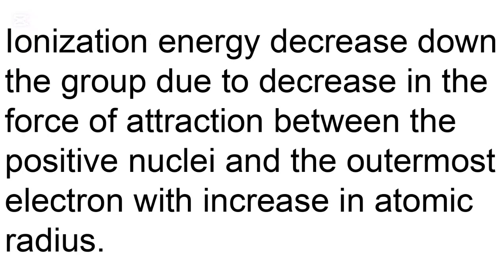So, as the atomic radius increases down the group, the outermost electrons are easily lost because of the lessening of the attraction between the positive nuclei and the outermost electron in the atom.